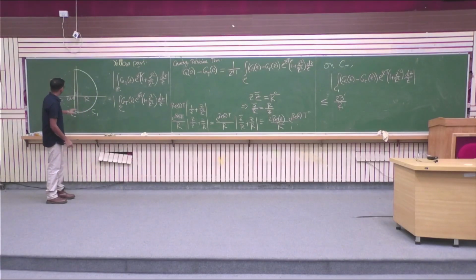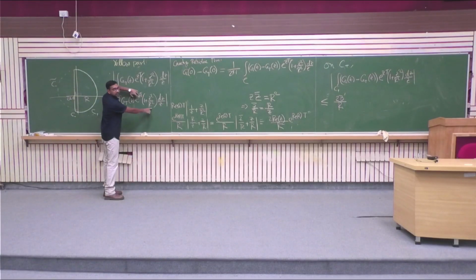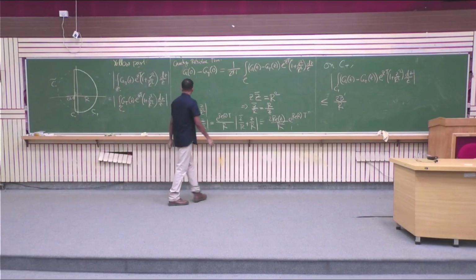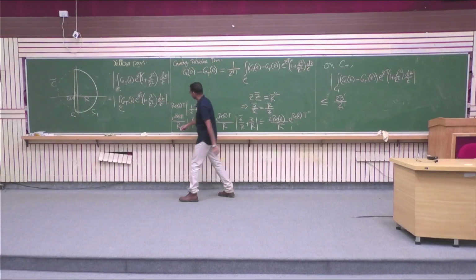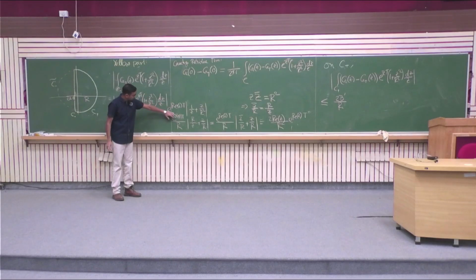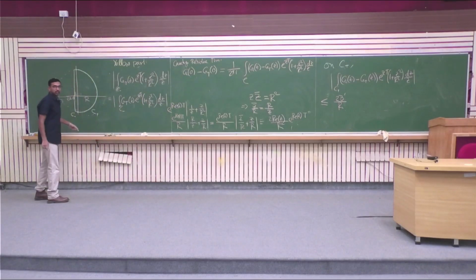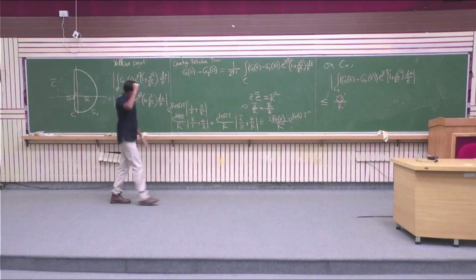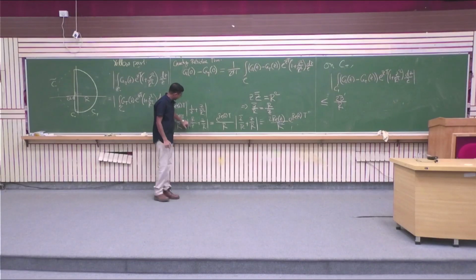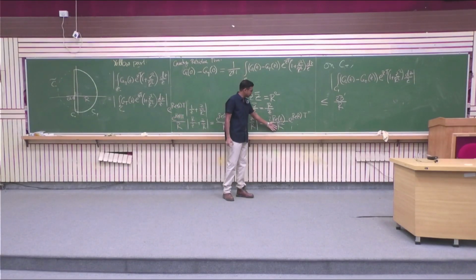And now on this part again, we know that the value of this we just calculated here, right? This is e power real part of zt by r, and this one everything is fine because we are again on this part of the circle, right? So this r by z we can again replace by z by r, and that would give you 2 times real part of z by r squared.